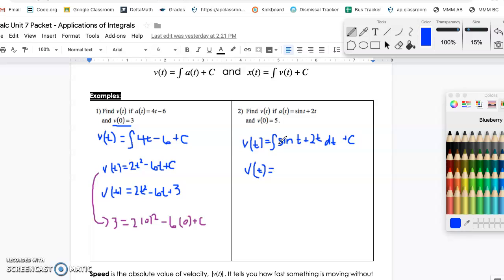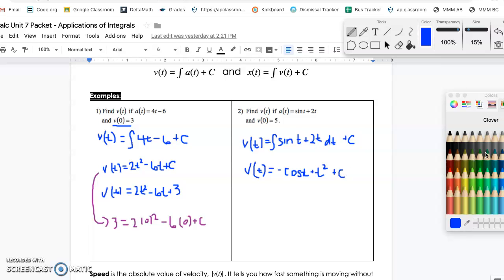So v of t equals antiderivative of sine is negative cosine t, plus antiderivative of 2t is t squared, plus c.